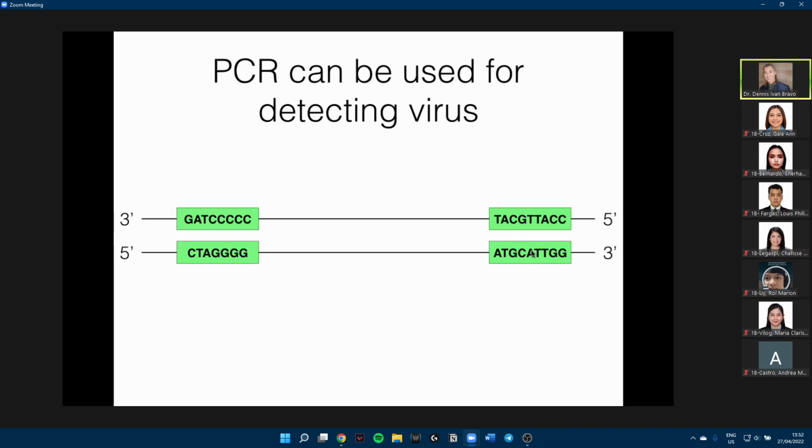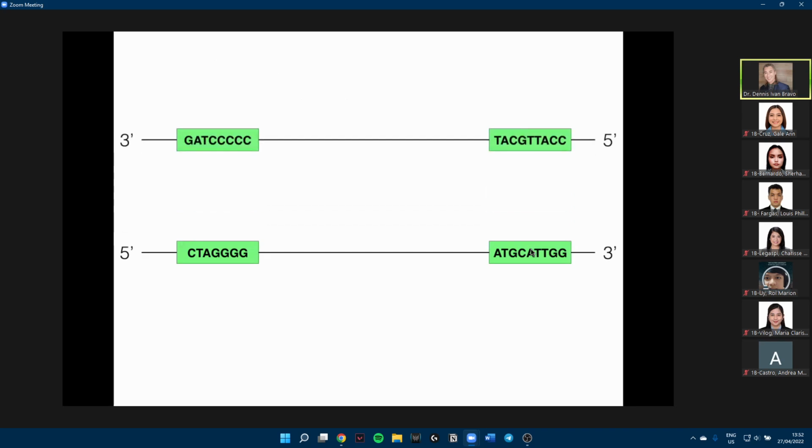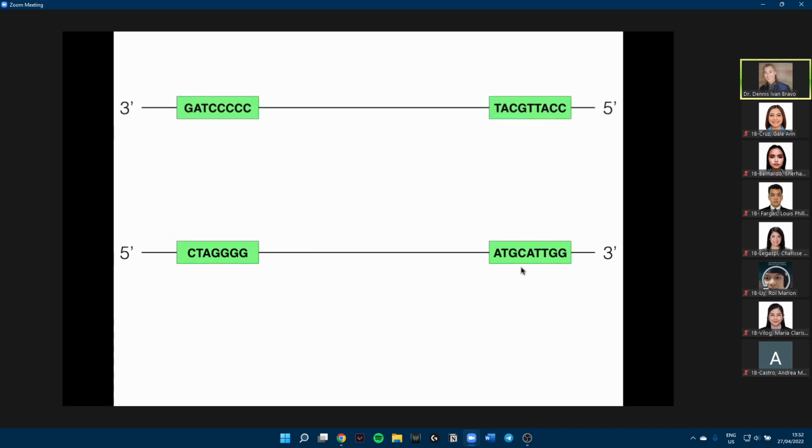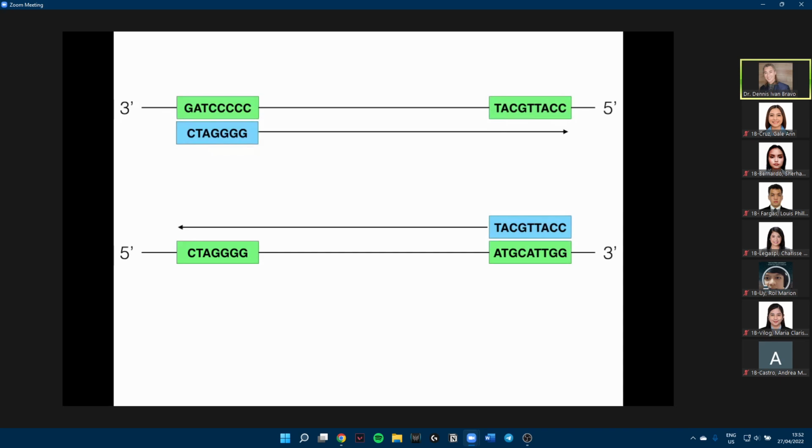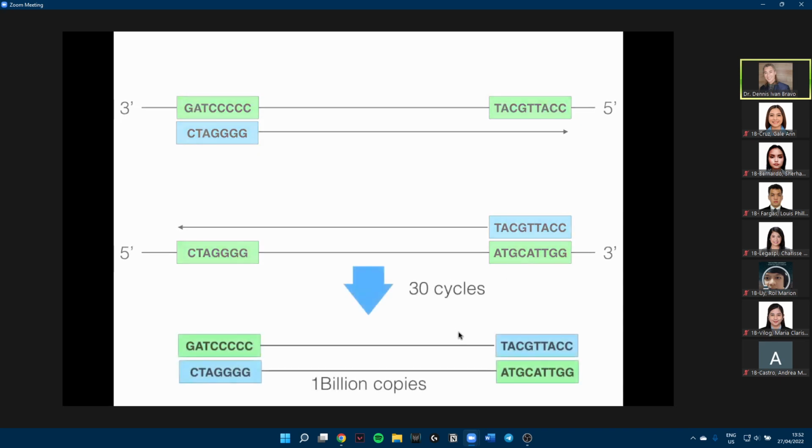Thus, the primers that you design should target this. So after isolating the DNA, it's subjected to PCR. So there will be denaturation, followed by primer annealing, and then primer extension. At the end of the 30 cycles, we have produced 1 billion copies of this particular DNA segment.